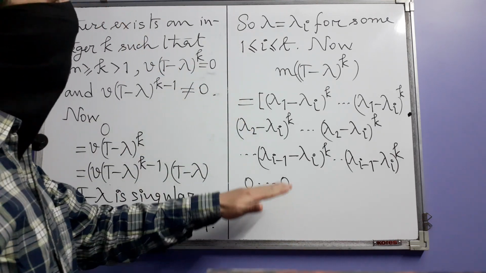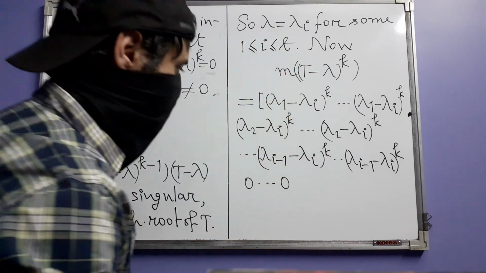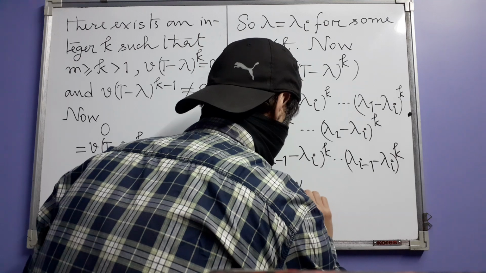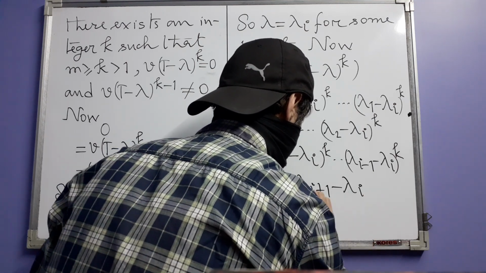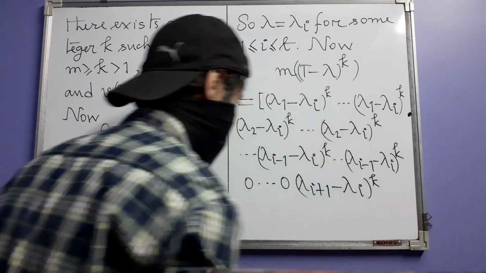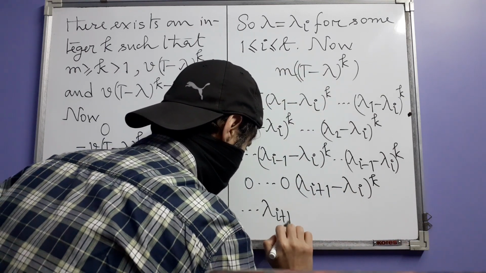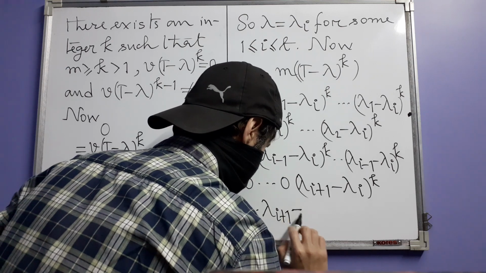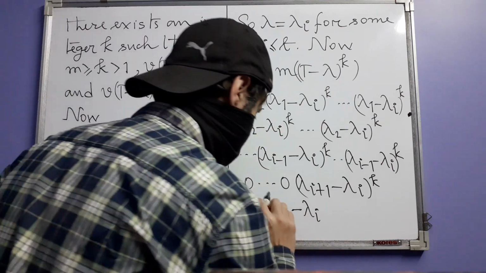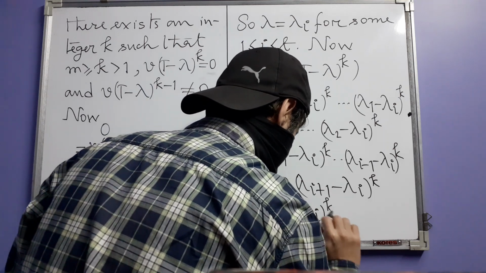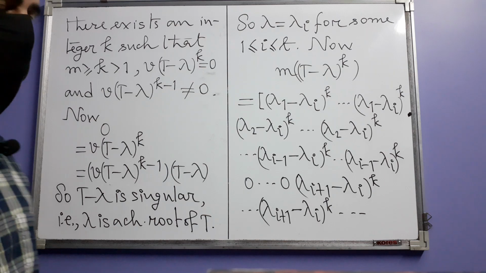As many lambda i's as you originally have in the matrix of T, followed by a few of these differences which involve lambda I plus 1, the next characteristic root, and then it goes like that, and finally lambda T.